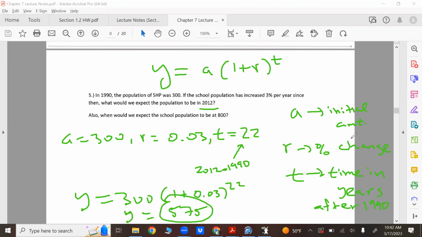Now, let me pose this question to you guys. Is this a good model to use for the next 30, 40 years, would you say? No. Why not? Go ahead. I'm curious to hear this. Because I don't think the school's going to be able to hold 800 people.